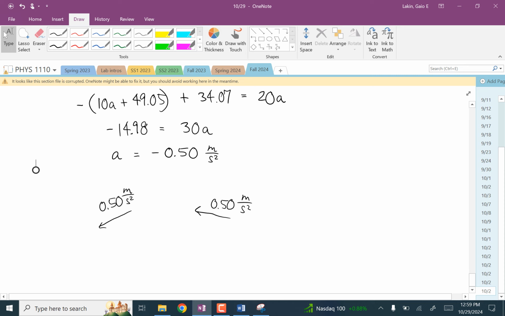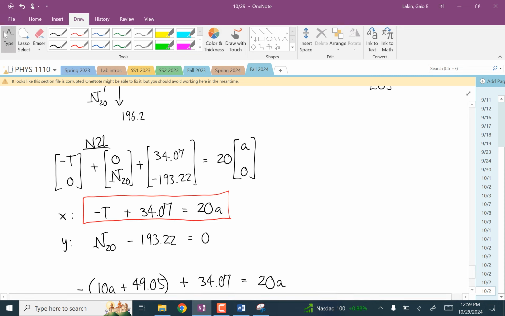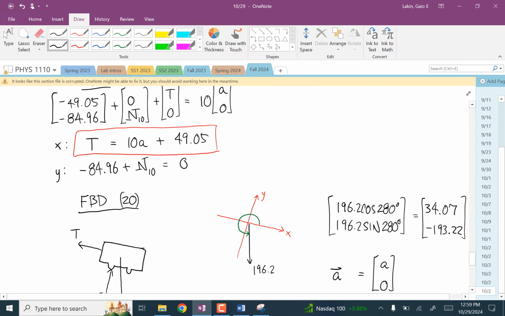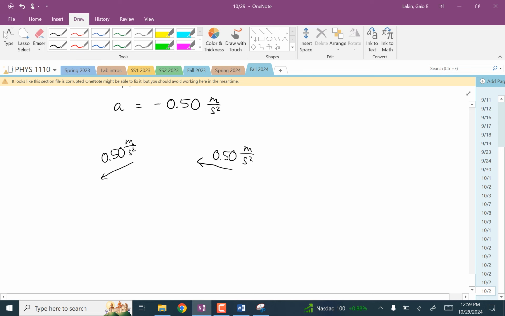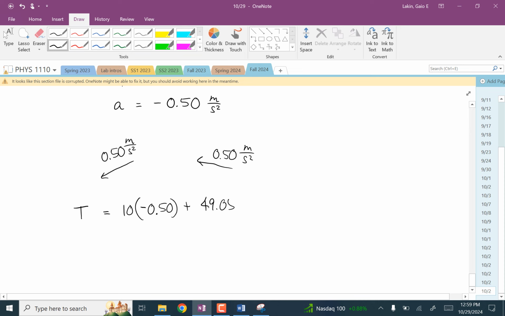And then the last step is almost always calculate that cable tension. So I'll use this form. T is equal to 10A plus 49.05. So T is equal to 10 times what we got for A, which is negative 0.50, plus 49.05.